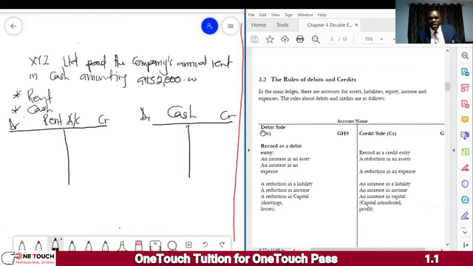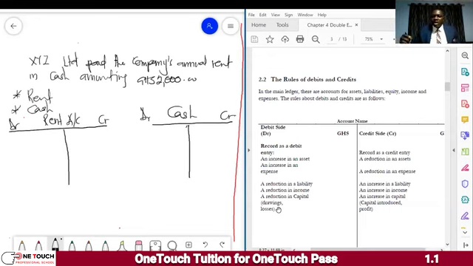Again, record as a debit entry a reduction in income, meaning that when an income is decreasing, we need to what? Debit that account. Good. Then a reduction in capital, that is as a result of drawings or losses. It means that when capital is also decreasing, it needs to be what? Debited. Good. Now let's look at the credit side.